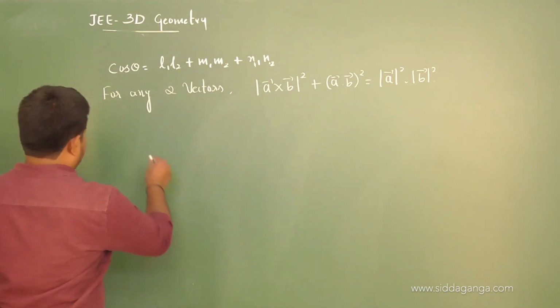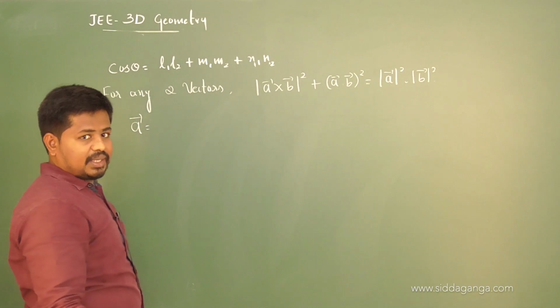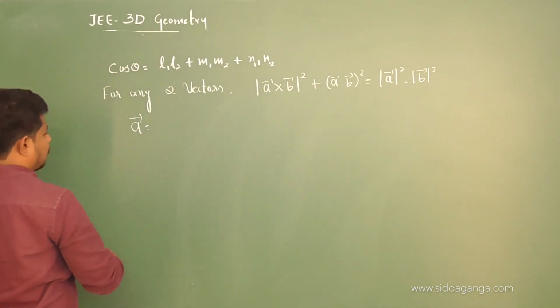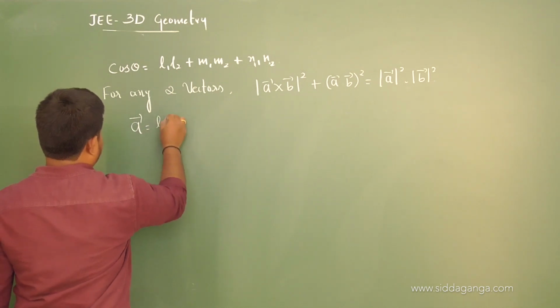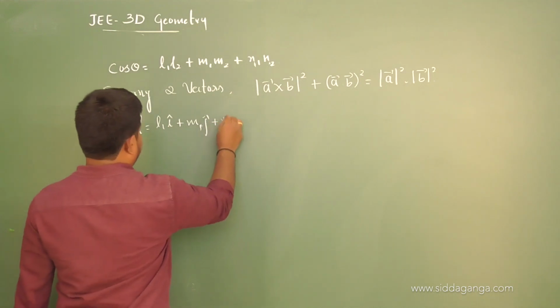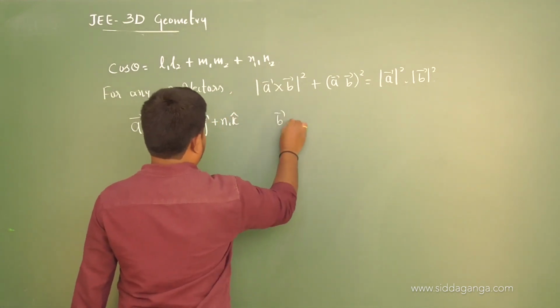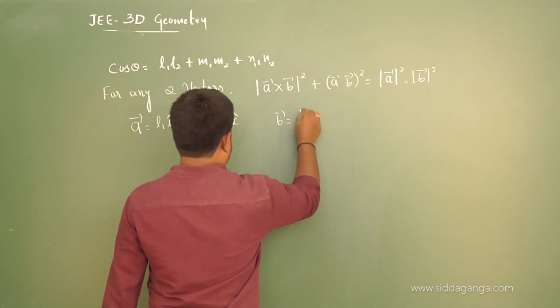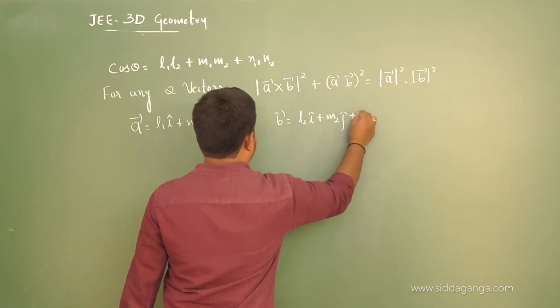Now let us take vector A as L1 i cap plus M1 j cap plus N1 k cap, and vector B I am going to take as L2 i cap plus M2 j cap plus N2 k cap.